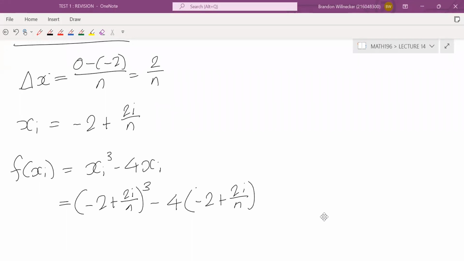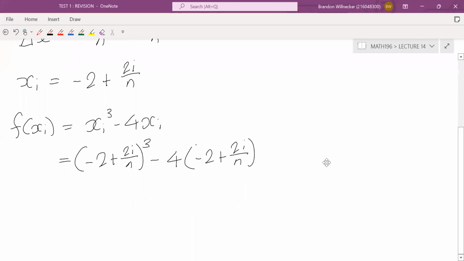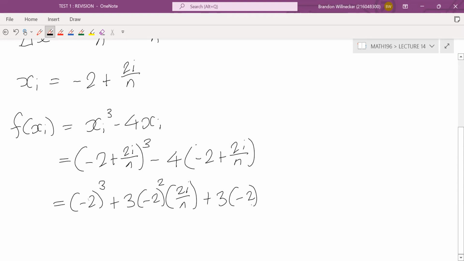Now we just need to expand this out and simplify, which will help us later when we do the Riemann sum. This is going to be minus 2 cubed plus 3 times minus 2 squared times 2i over n, plus 3 times minus 2 times 2i over n squared, plus 2i over n cubed.